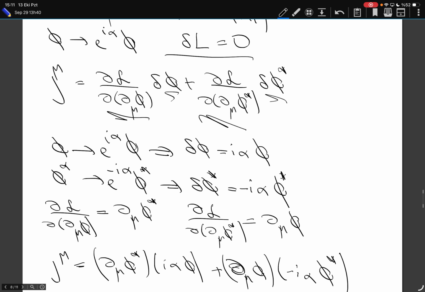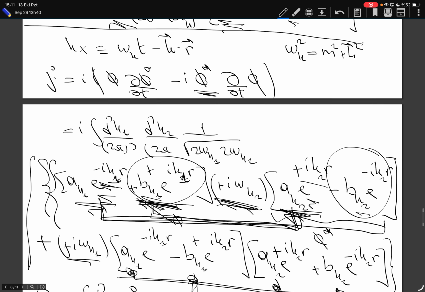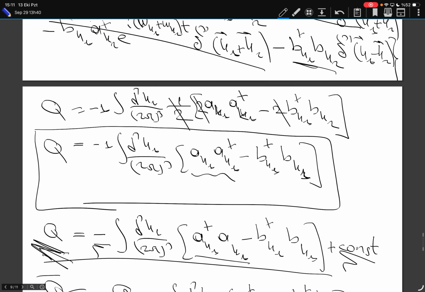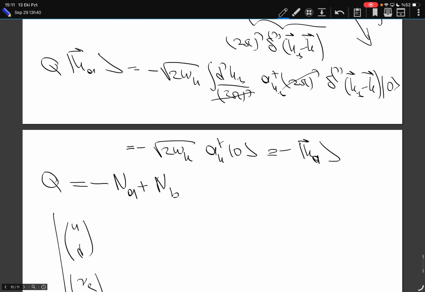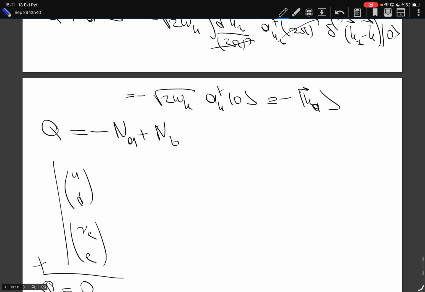Well, to be able to talk about the electric charge, first we have to introduce electromagnetic interactions. Without electromagnetic interactions, this is just a charge. We don't know what it is. But when we introduce electromagnetic interactions, this Q will turn out to be the electric charge, with a possible overall minus sign.